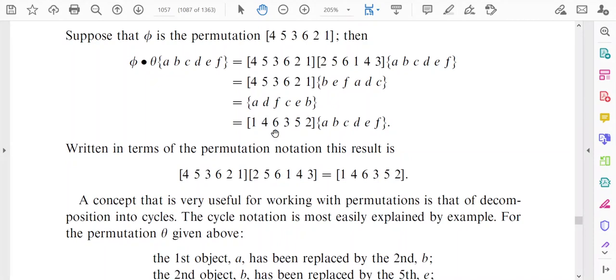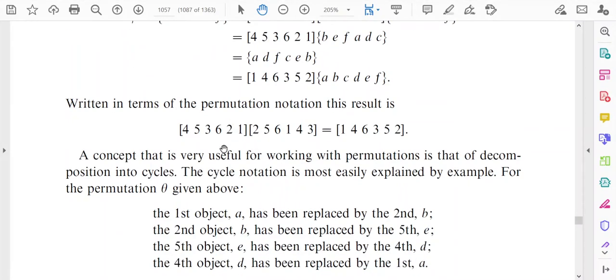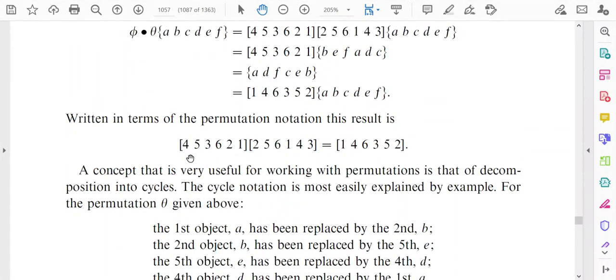Next 4 means the fourth object, 1, 2, 3, 4, that means D. Then 6 is F, the sixth object. So this can be represented in this manner. So phi dot theta means this is phi, this is theta, then the product of phi and theta is 146352. So this has been written in terms of the permutation notation.